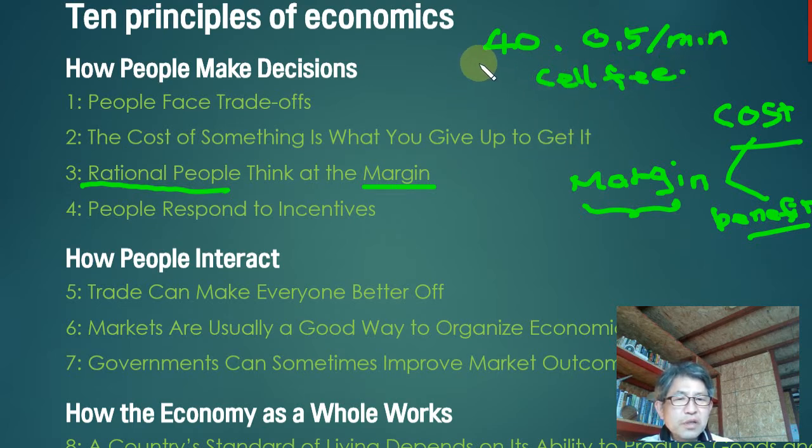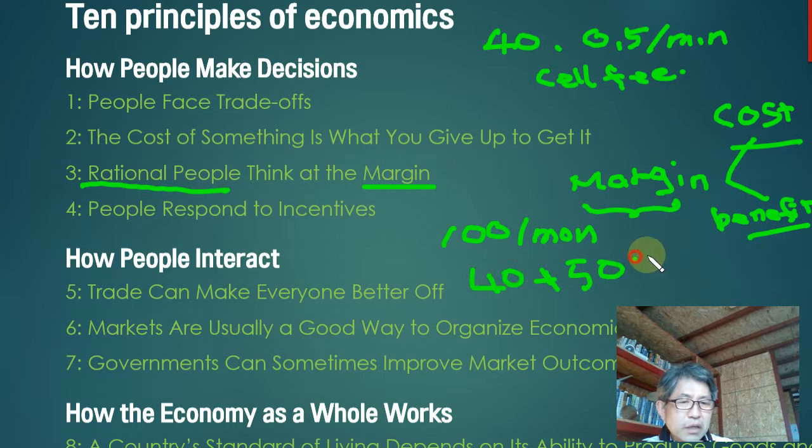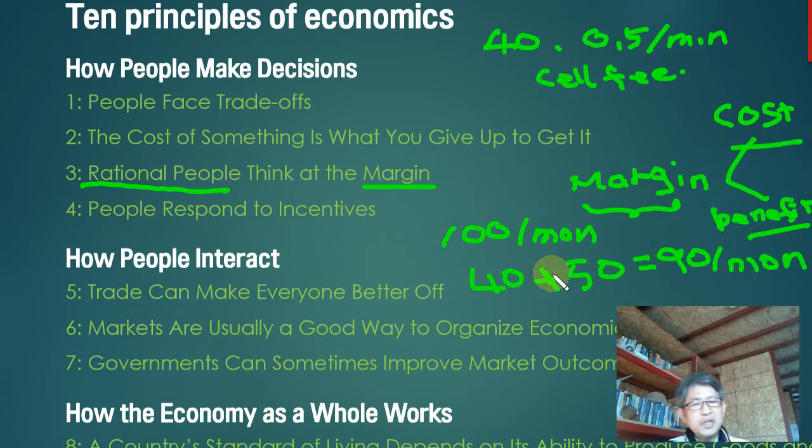If you use 100 minutes per month, then your total is 50 boxes plus the basic 40 boxes, so 90 boxes per month, right? This is your telephone bill. But I told you the additional charge per minute is 0.5 boxes, 50 cents.